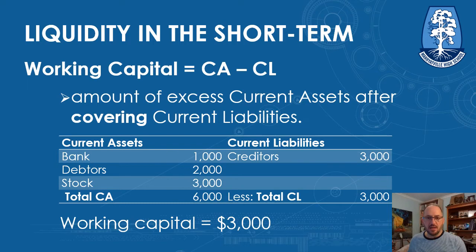Altogether there, we've got $6,000 worth of current assets. And over here, we've got $3,000 worth of creditors. So deduct these creditors from our current assets, and we have working capital of $3,000. That's what it means to have working capital after you deduct all your current liabilities from your current assets.